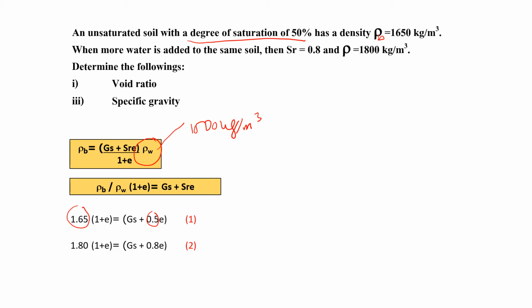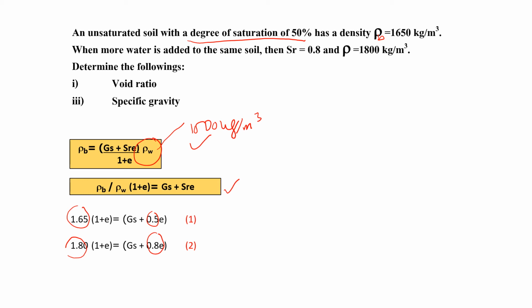Similarly, we have the second equation here. Still using this equation, so we have the density 1800, but we already divide by 1000, which is the density of water here. So it becomes 1.8, and the degree of saturation equal to 0.8, which means that it's equal to 80% when water is being added.